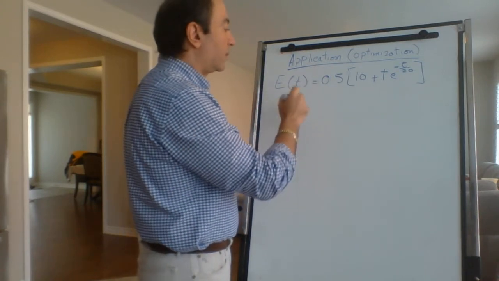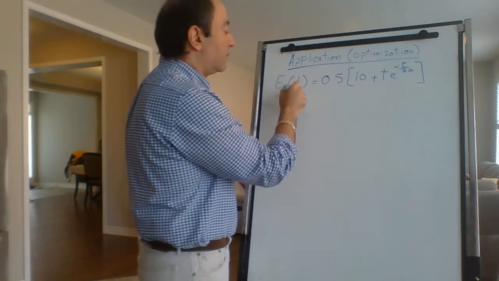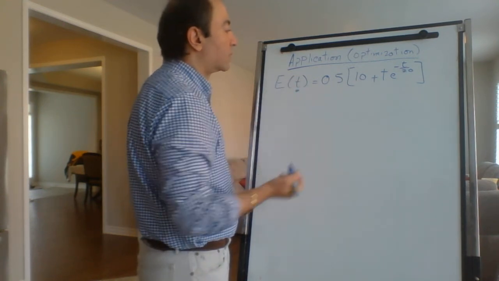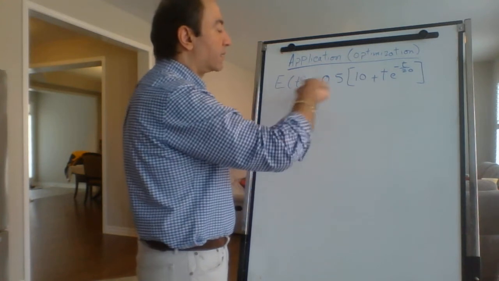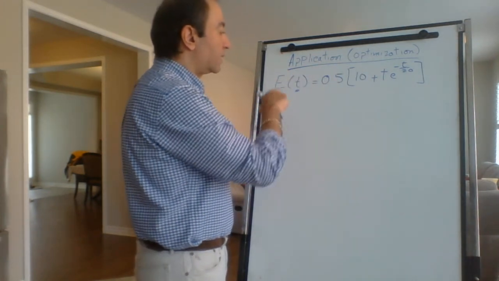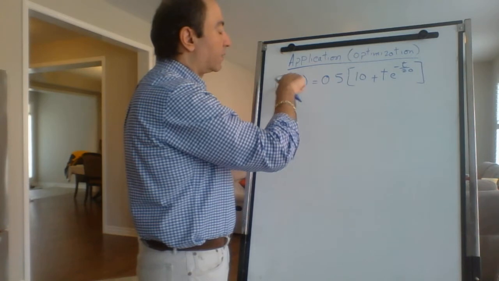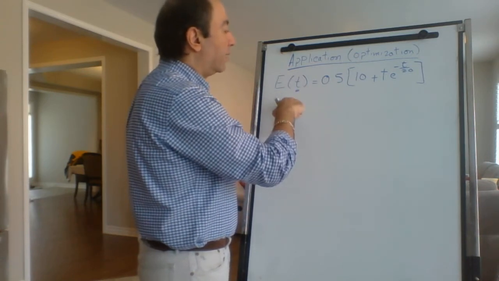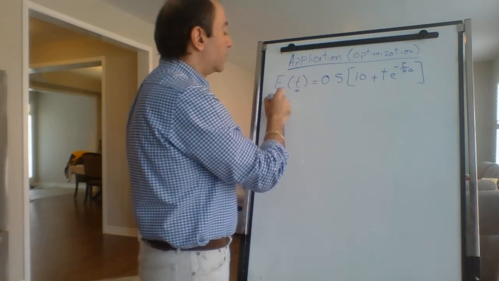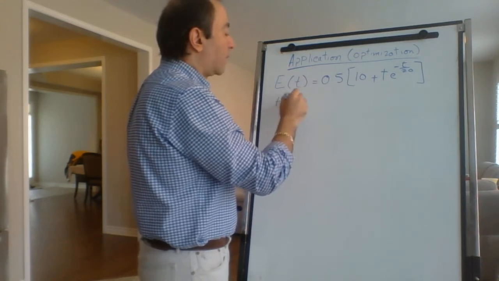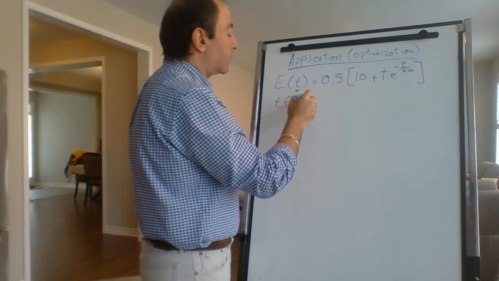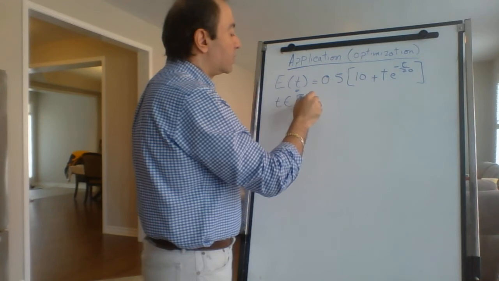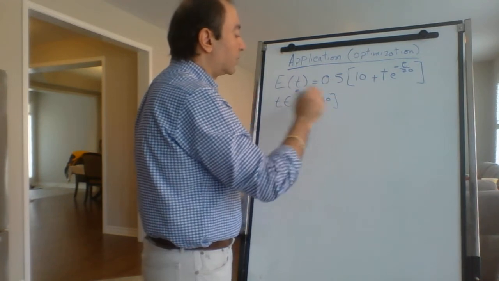Time is the amount of hours you put in studying, and this is how effective your studying is, on a scale from 1 to 10, and they give us that the maximum hours of studying per week is 30 hours. So T is between 0 and 30. This is the domain of the function.